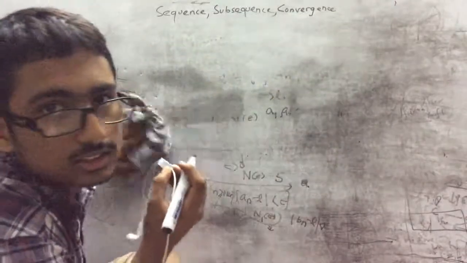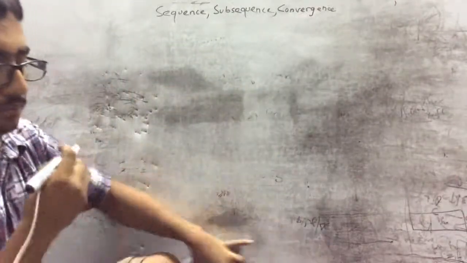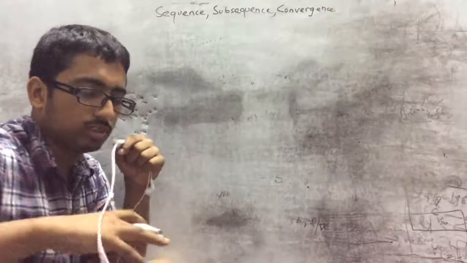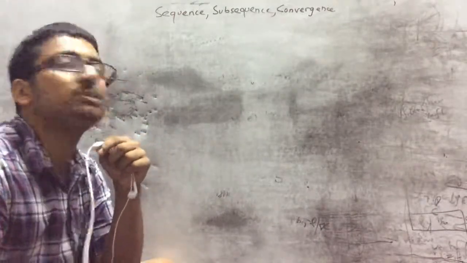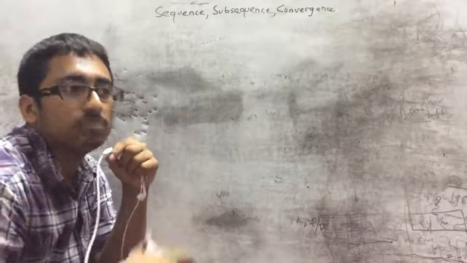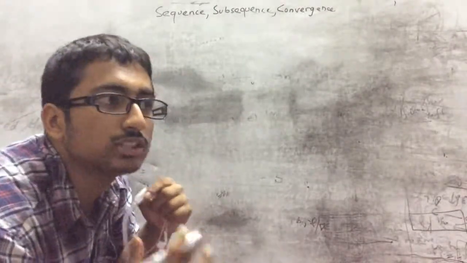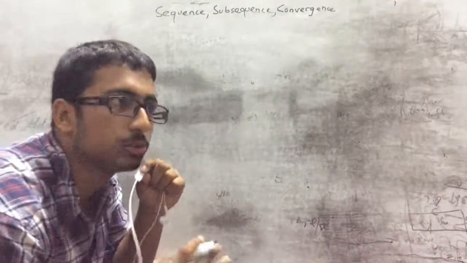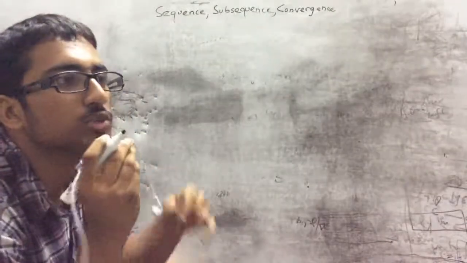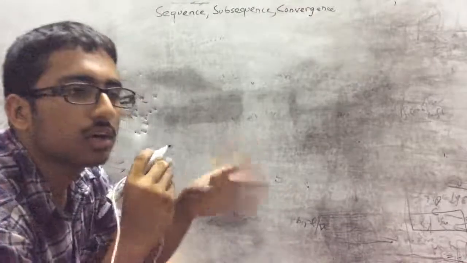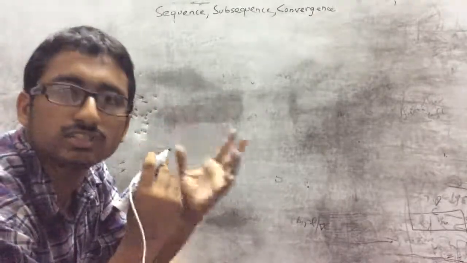Now after this, we will move on to one of the most important properties: a bounded sequence always has a monotone subsequence. It will lead to one of the most important results in sequences, called the Bolzano-Weierstrass theorem.